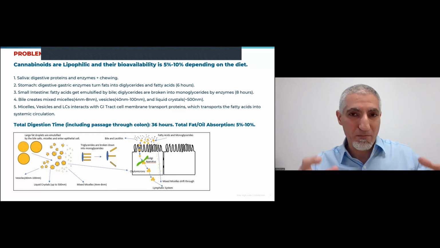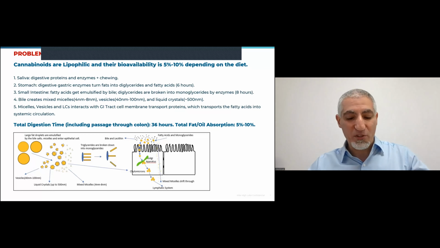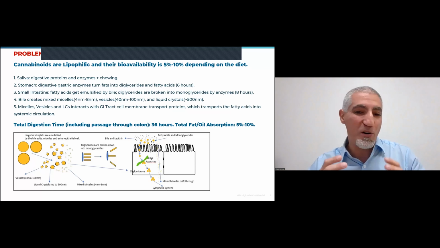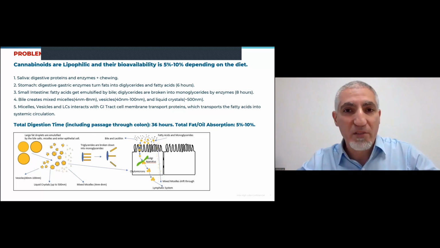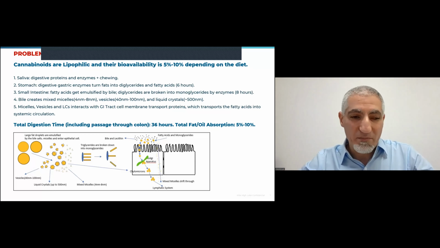The emulsification process, which I'll go into a little bit later, is a process of self-organization of surface active agents, surfactants, around the lipid molecules. And so they basically encapsulate the lipid. And these come in a variety of sizes in the small intestine.